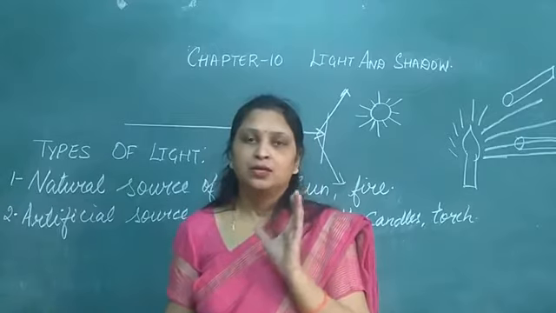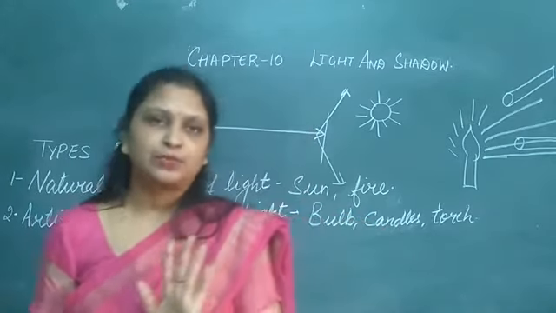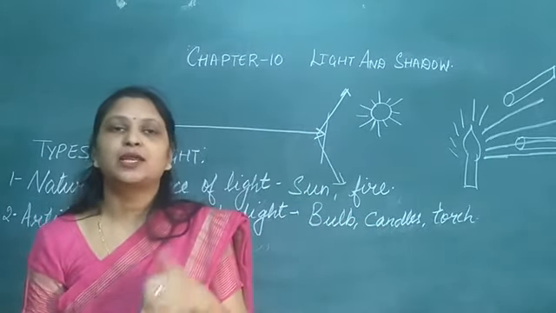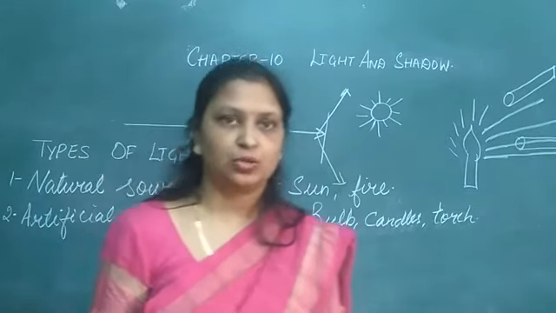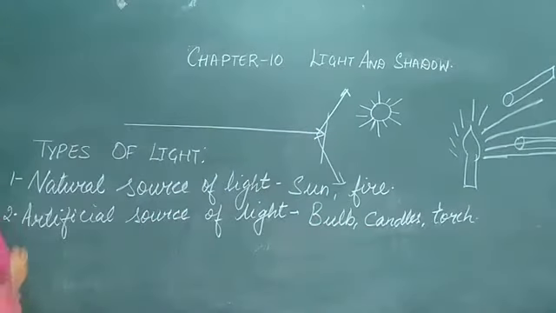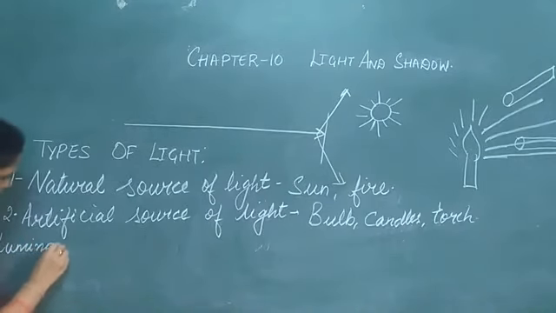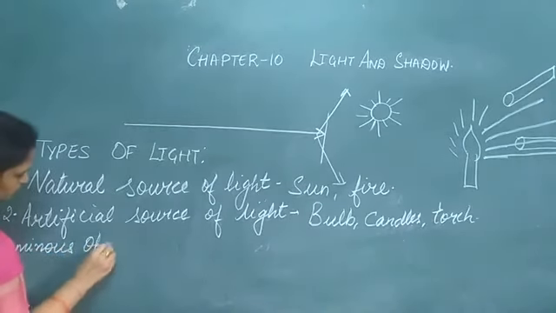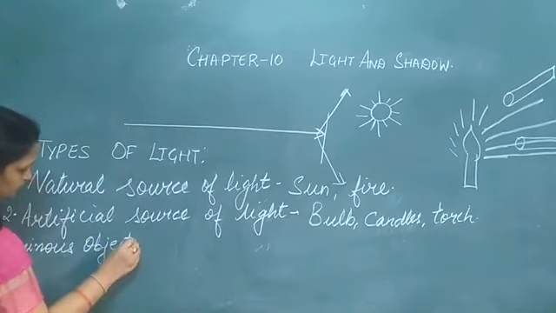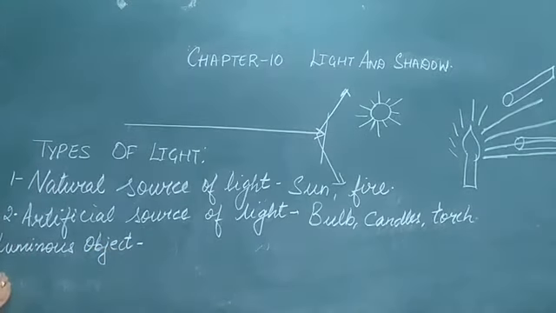Means there are two types of objects. One is luminous objects and another is non-luminous objects.